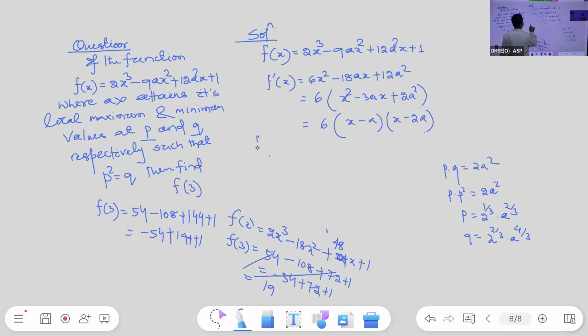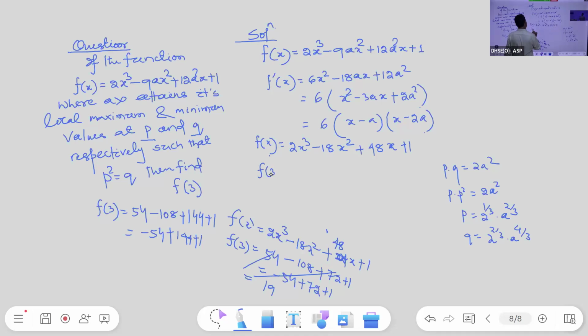f of x is equal to, if a is equal to 2, f of x is equal to 2x cube minus 18x square plus 48x plus 1.